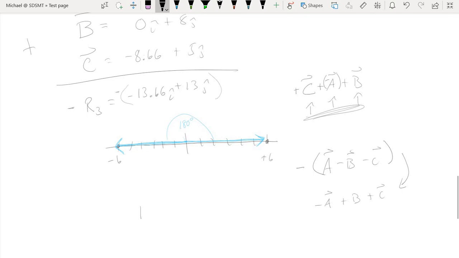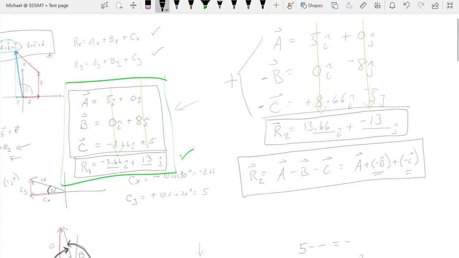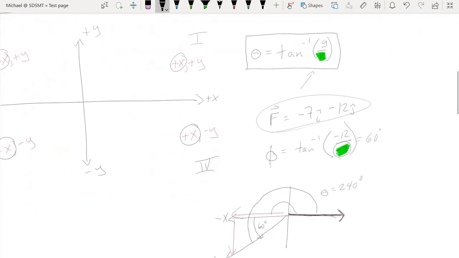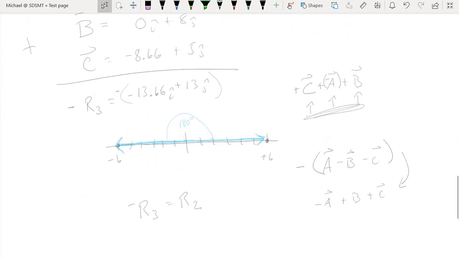Well, we would get that previous combination of R2 that we had up at the top. So it is possible to manipulate the signs on these vector addition, vector subtraction problems, so that you can actually produce opposite vectors of one another, and that's exactly what we did here.